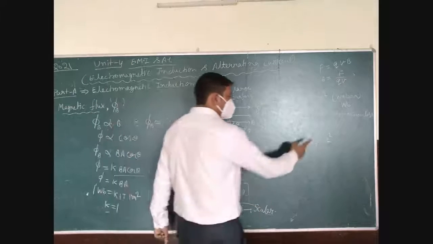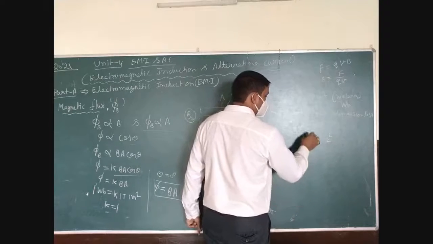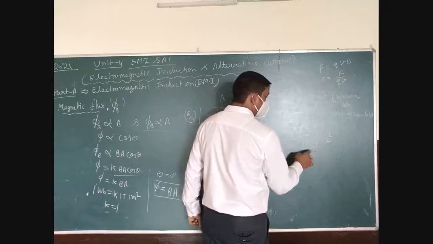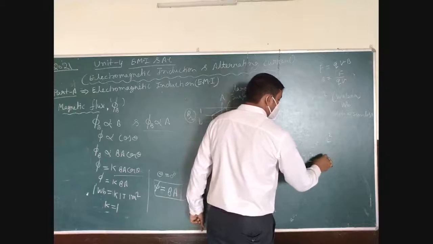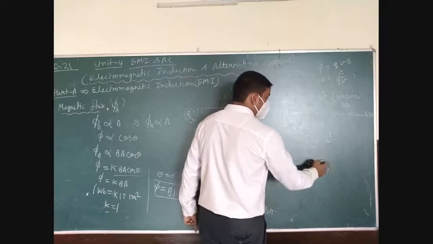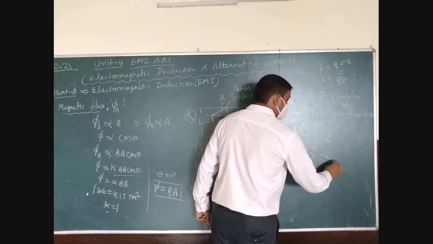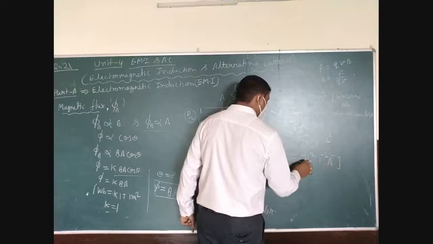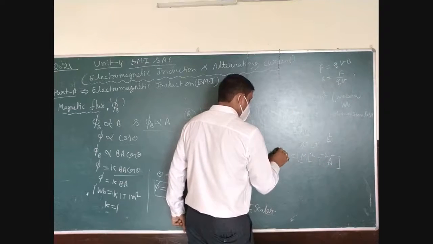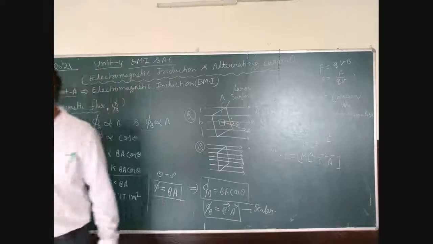Okay. When you solve this, you will get M, this L cancels, L squared, T minus 1, T minus 2, this T cancels, A inverse. This is the dimension of magnetic flux. Okay.